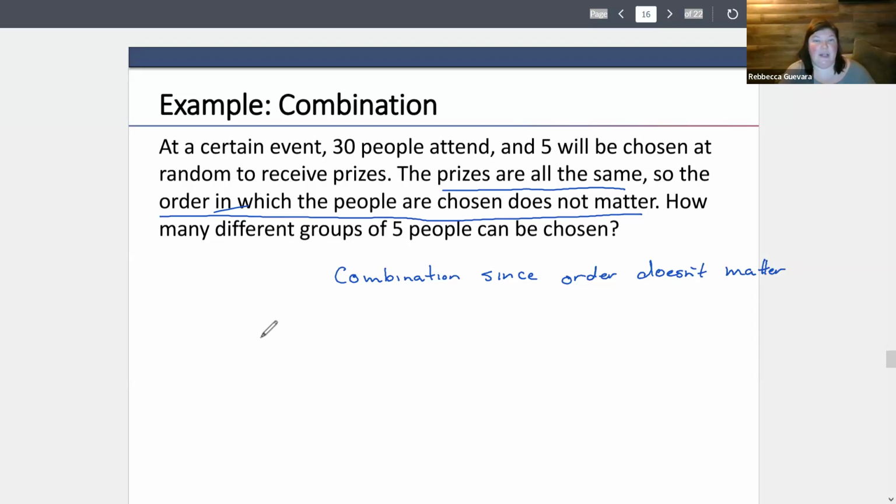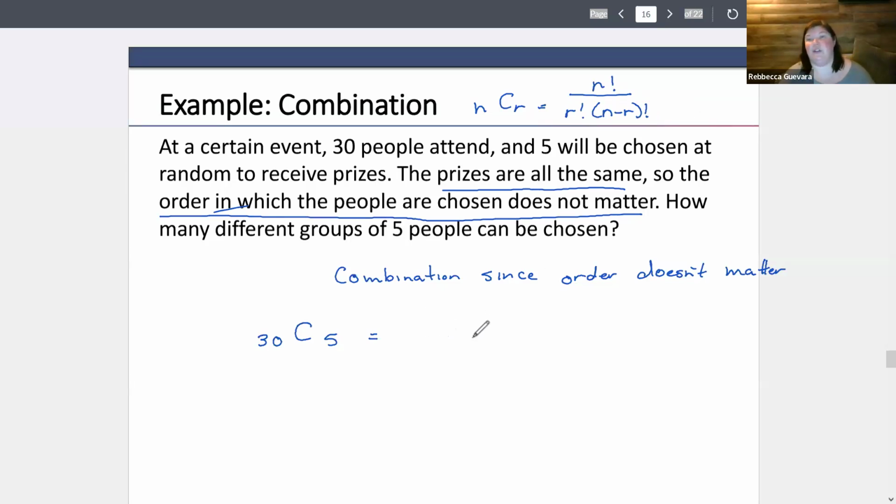So we would have 30 people attending, and we're choosing just 5 of them to win a prize. So as a reminder, nCr is going to be n factorial over r factorial times n minus r factorial.